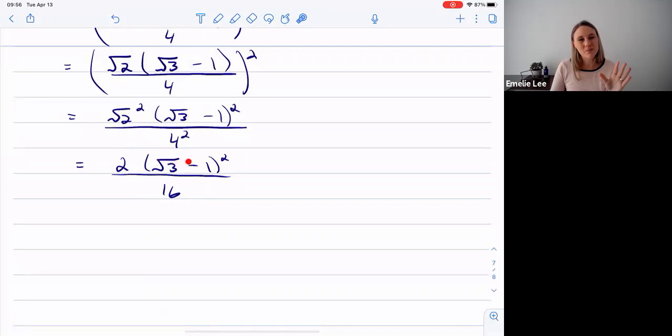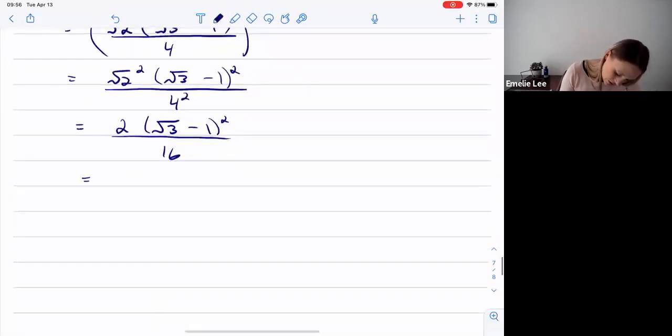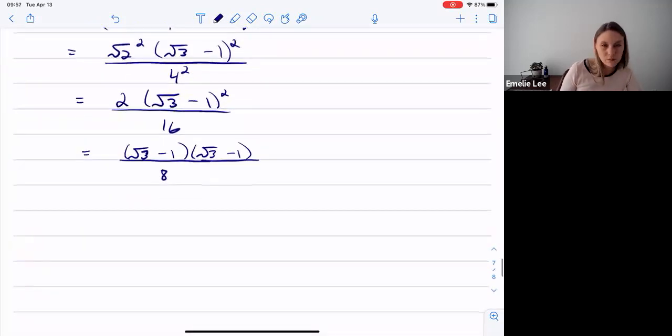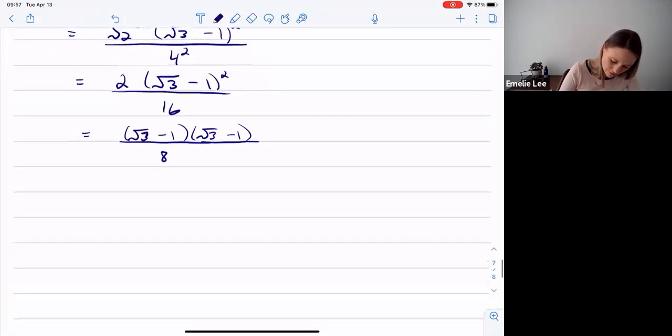But I can probably also expand this a little bit, make it look nicer. The 2 and the 16 can cancel to make 8 in the denominator. And then I've got √3 minus 1 times √3 minus 1. √3 minus 1 squared is √3 minus 1 times √3 minus 1.